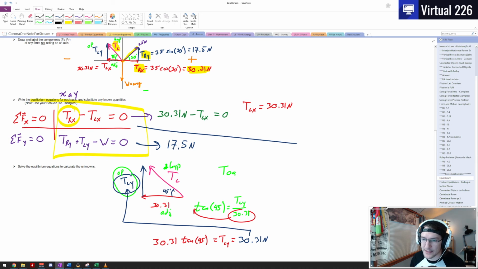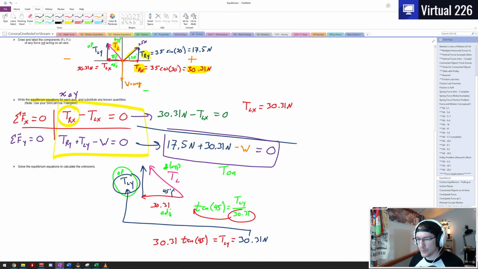On the left, acting up, is the 30.31 we just found, so plus 30.31 newtons. Minus the monkey's weight, and this has to equal 0 because it's in equilibrium. So if we add our numbers together, they just equal the monkey's weight, because when we bring that weight to the other side, they have to be equal.